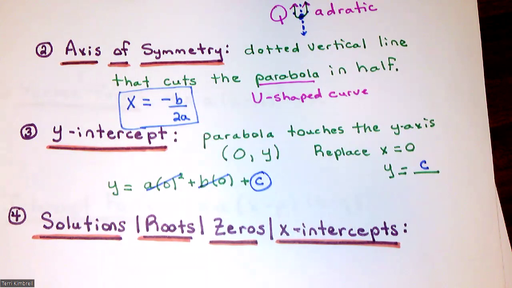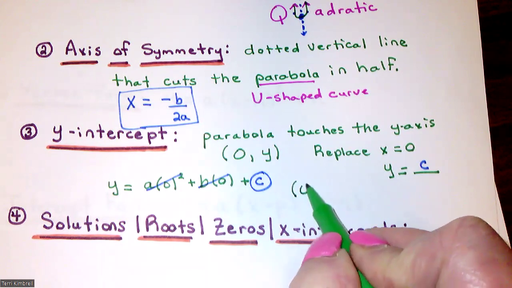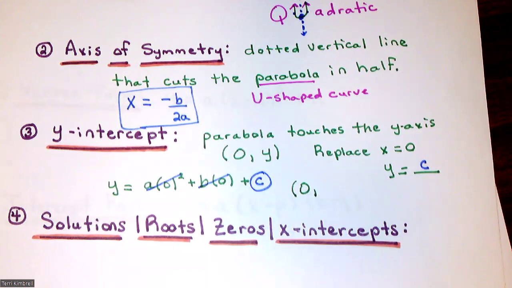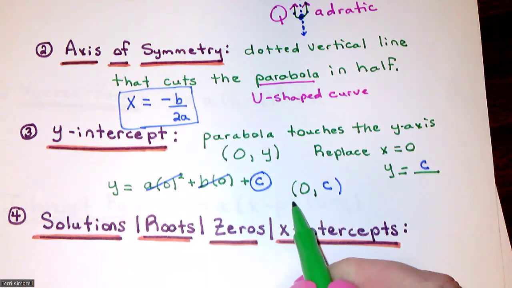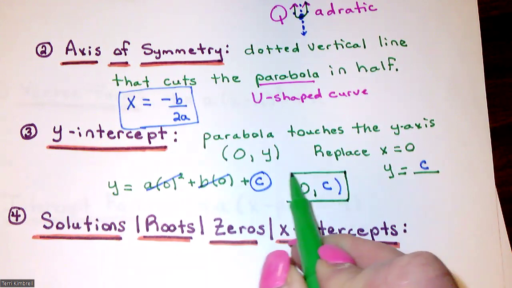So whatever that number is, your constant number, that's going to be the y-intercept. So with a quadratic, it would be (0, c). That would be where the parabola would touch the y-axis.